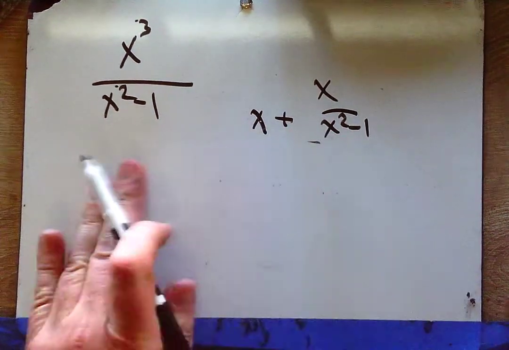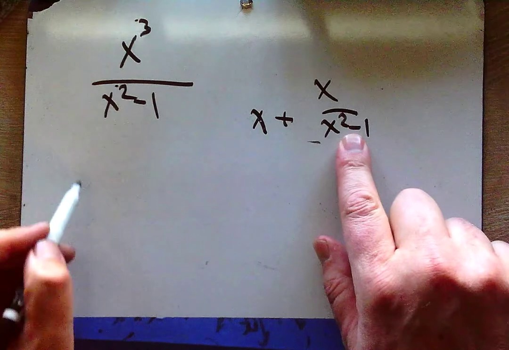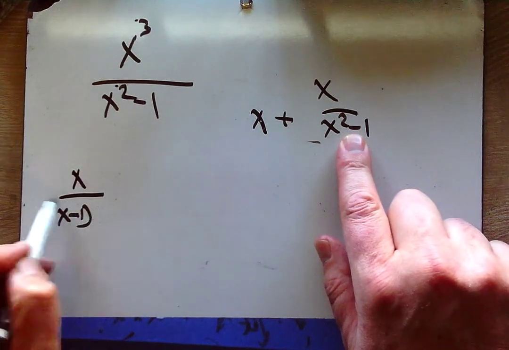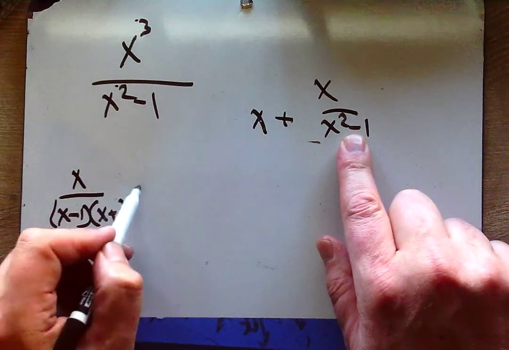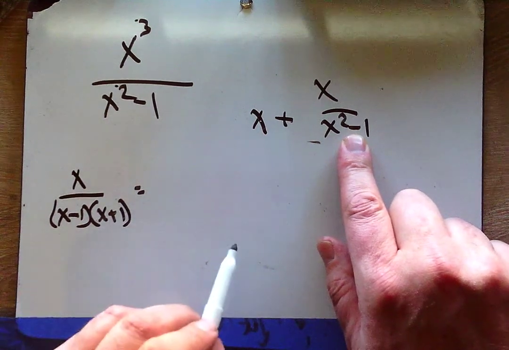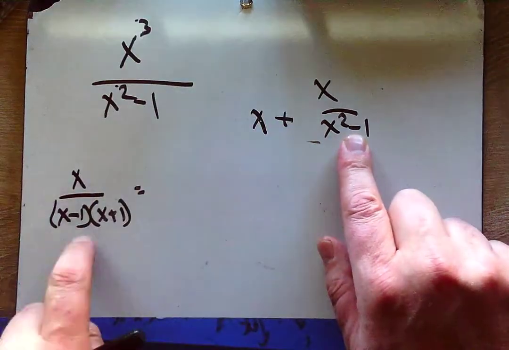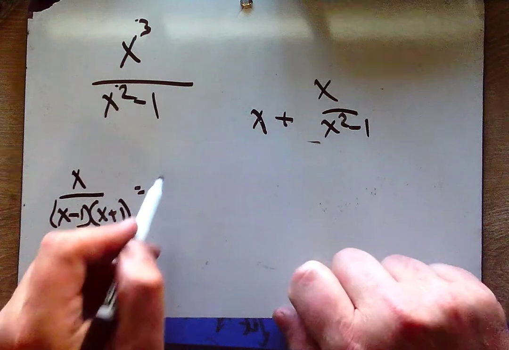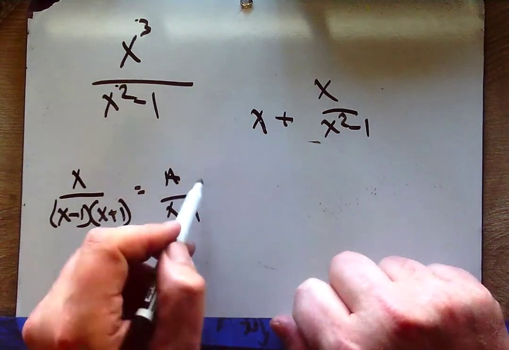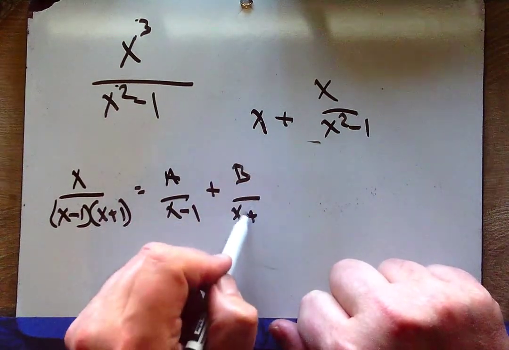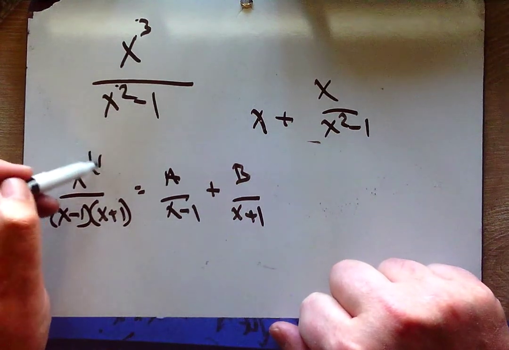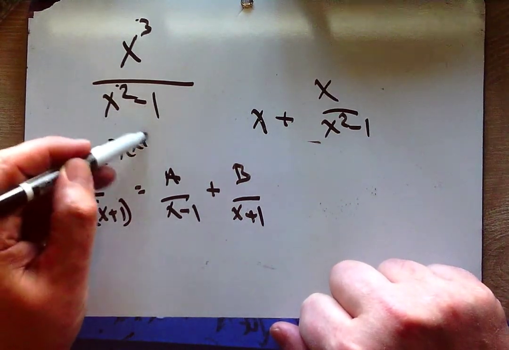So, partial fraction decomposition, x minus 1, x plus 1. I'm holding this off to the side, just this part. A over x minus 1, b over x plus 1. And I multiply everywhere by x minus 1, x plus 1.